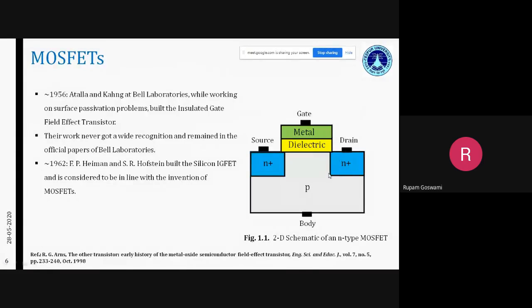Because you have a very lightly doped p-type substrate and a heavily doped n-type drain here, most of the depletion region will exist towards your substrate. This is basic p-n junction, which says that the higher the doping, the lesser will be the depletion width. So in this case, the n plus drain has a very high doping, so you'll have a very small width of depletion region here, and most of the depletion region will be towards the p-type substrate.